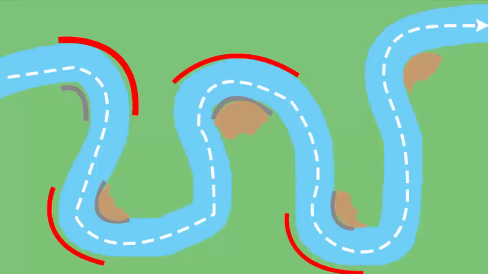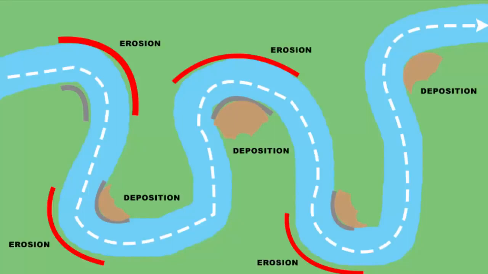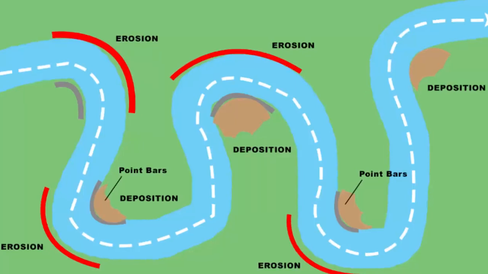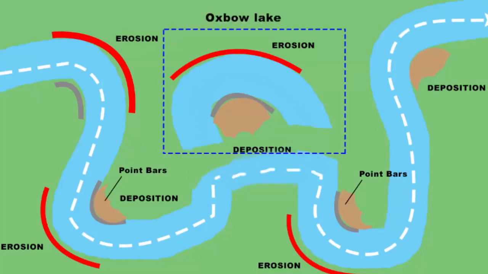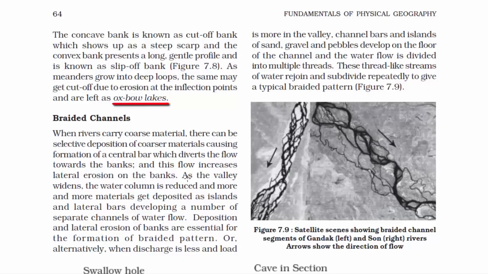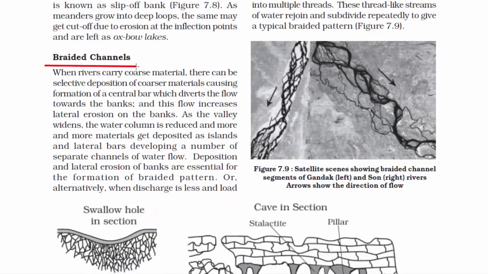In the inner area of the curve deposition of sediments takes place, and on the outside erosion takes place. If there is no deposition or erosion, then there would be no meanders. As meanders grow into deep loops, the river takes a shortcut from here, and this leftover curve is called an oxbow lake. The fifth type of depositional landform is braided channels.